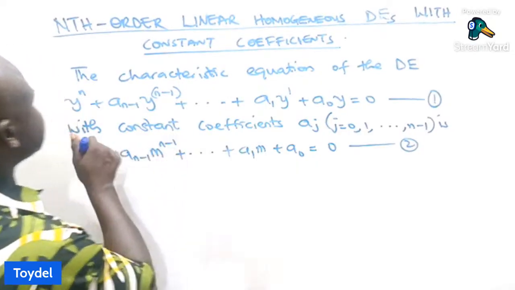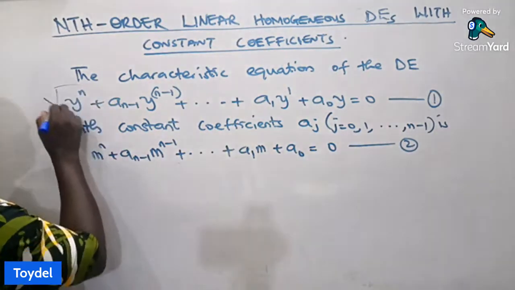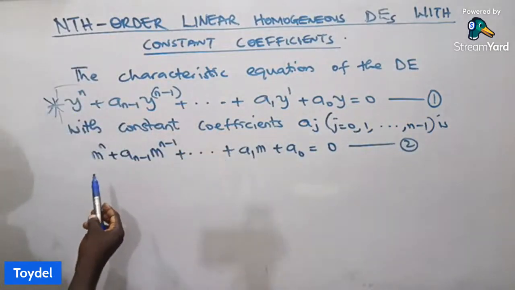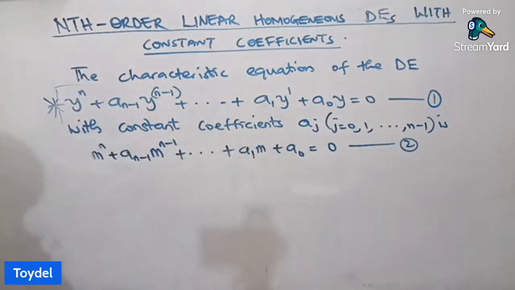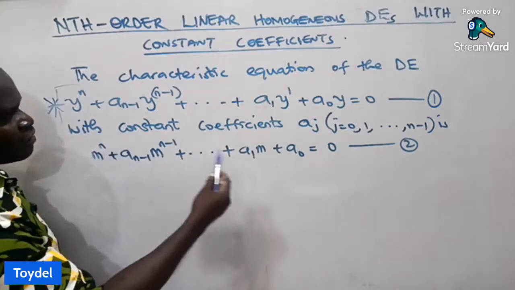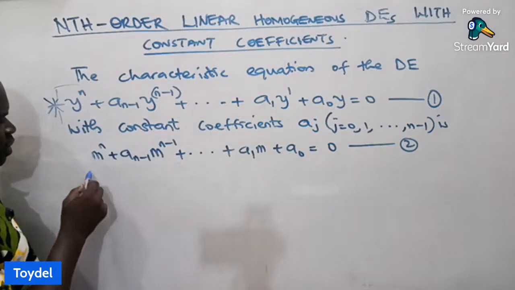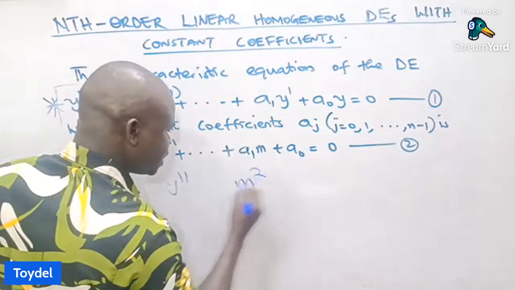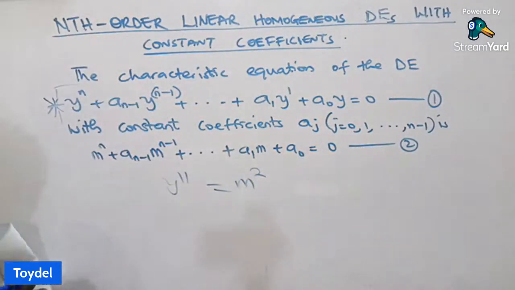So in this case now, if one is given the general form of an ordinary nth order linear homogeneous differential equation, then the characteristic equation is given as this. When we have y prime prime, that will be represented by m squared.